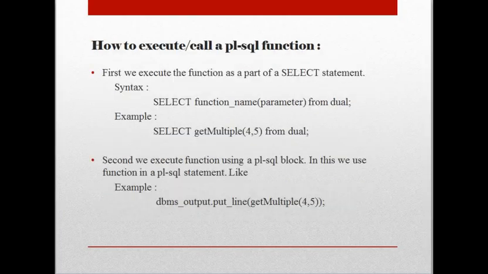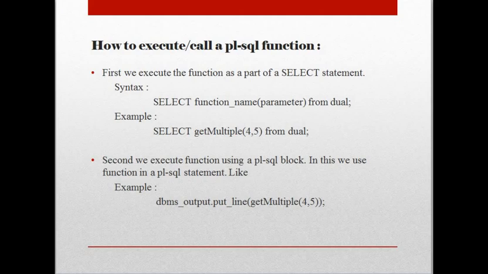After that we have to see how to call or execute a PLSQL function. First we execute a function as part of a select statement. Syntax for that: SELECT function_name(parameters) FROM dual. For example, SELECT get_multiple(4,5) FROM dual, where get_multiple is the function name.